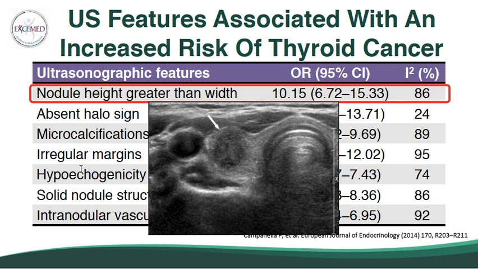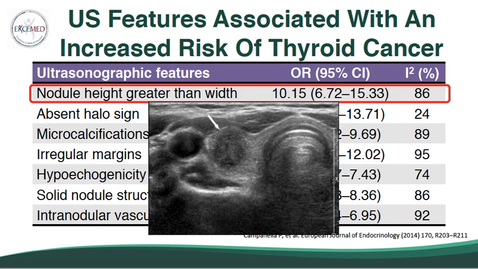If the patient has all these features, then you can already prime your patient that based on the ultrasound features, there is a big chance or a small chance that you might have thyroid cancer. And that's what we want to find out.